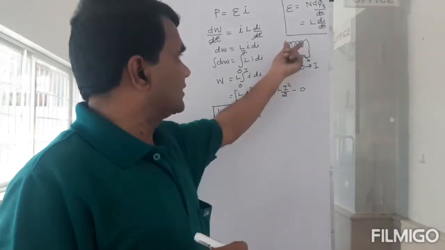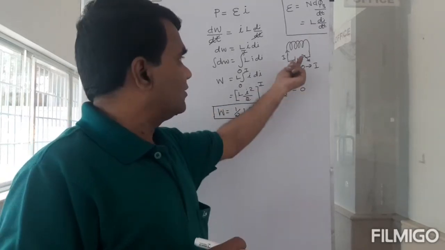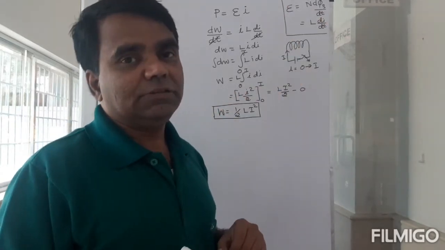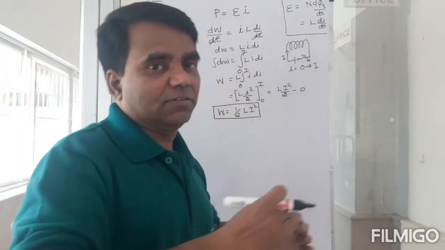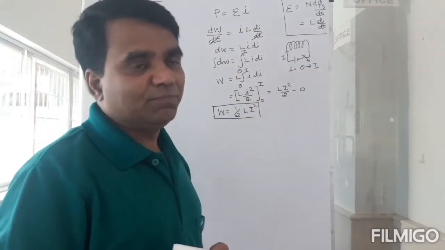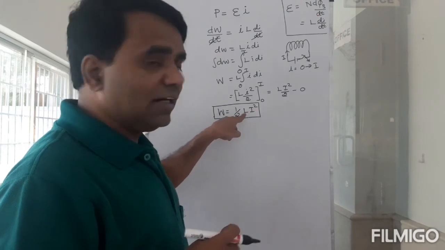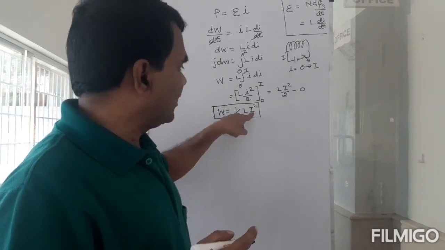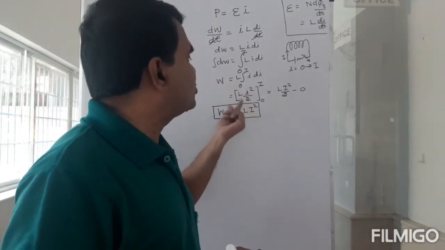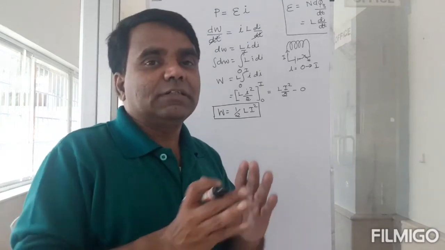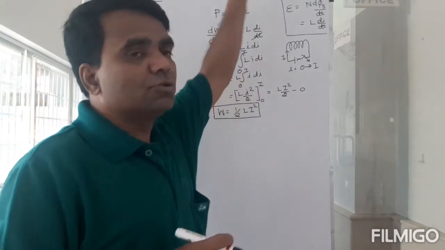So you've got 1 Henry self-inductance here, and you have raised the current from 0 to 2 amperes. Then what is the work you have done? What is the energy you have expended to set up this magnetic field? That would be half times L, which is 1, and I squared, 2 squared is 4, by 2, that is 2. So 2 joules of work the battery has to do to take the current from 0 to I.